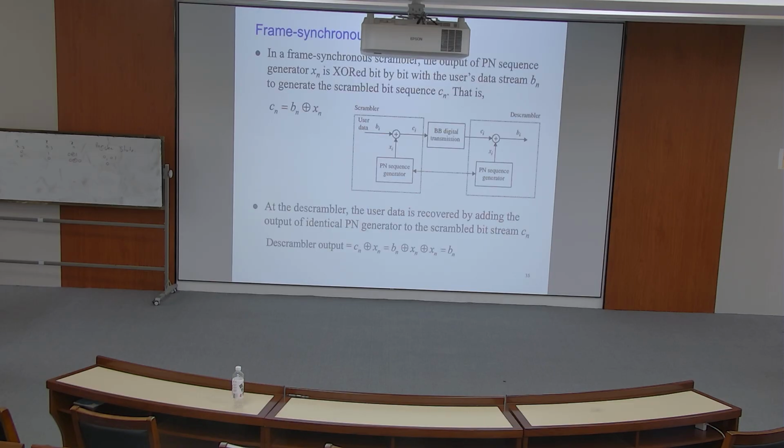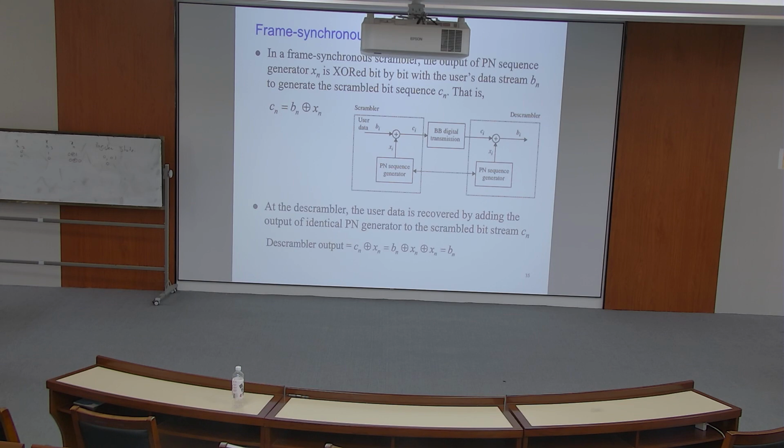Now, what is a frame synchronous scrambler? In a frame synchronous scrambler, the output of a PN sequence generator X of n is XORed bit by bit with the user's data stream D of n to generate the scrambled bit sequence C of n.